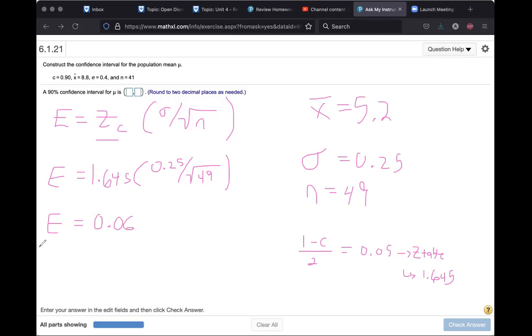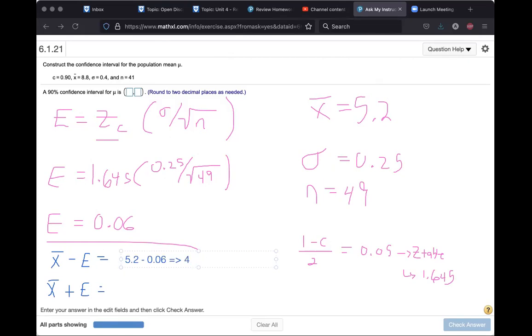Now that we have the E, at this point you take your sample mean and subtract off the E, and take your sample mean and add the E. So what do we get? Let's do some typing now, maybe a little easier for us. X bar is 5.2 minus 0.06, so that means we get 5.14.